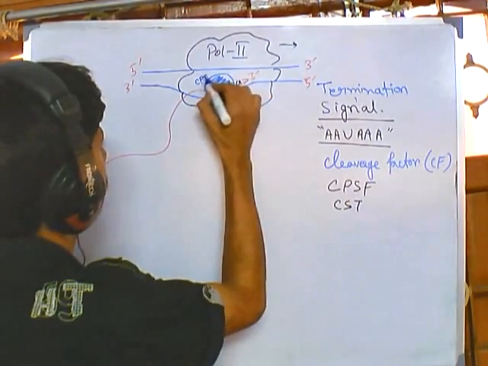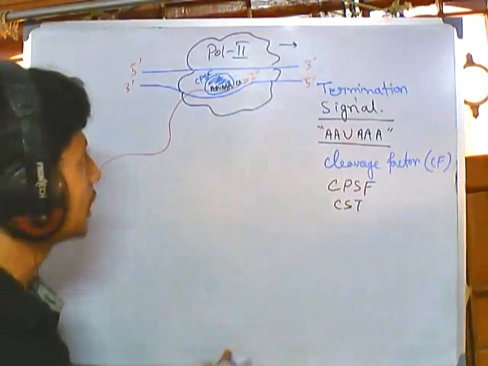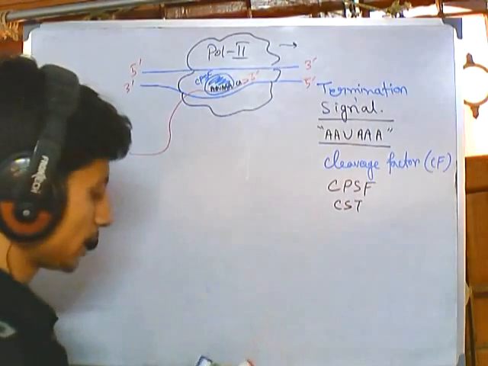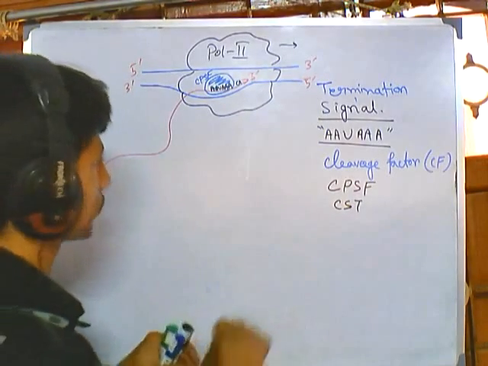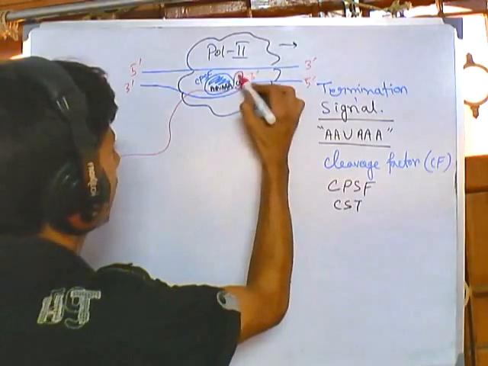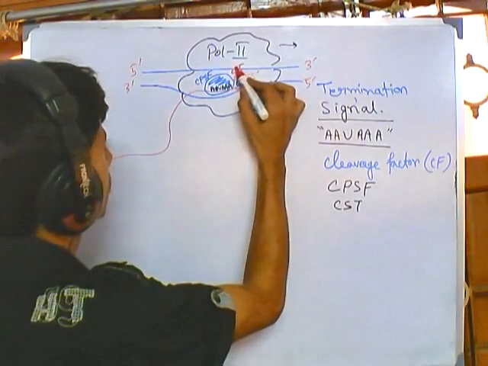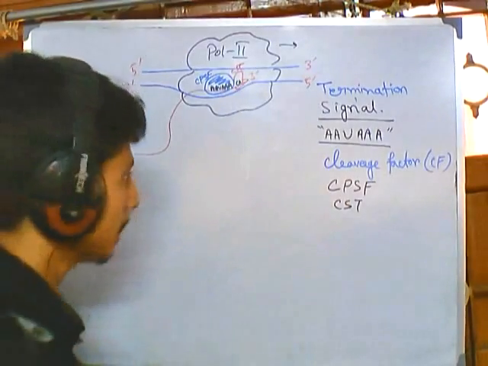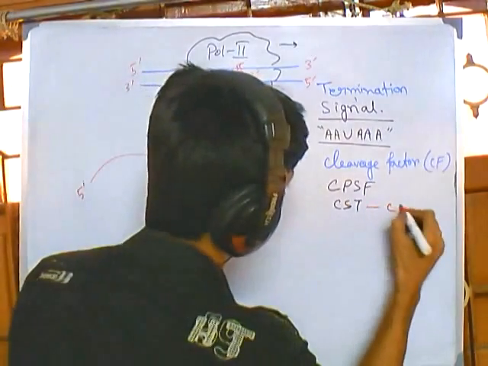This is CPSF, and also CstF, or cleavage stimulating factor, in turn is going to bind with the CA region or CA sequence. CstF is going to bind with the CA sequence.